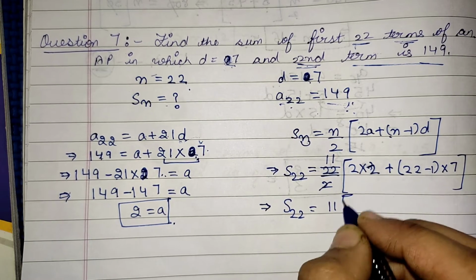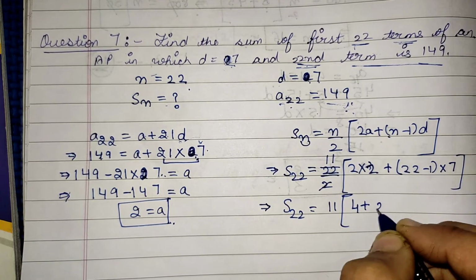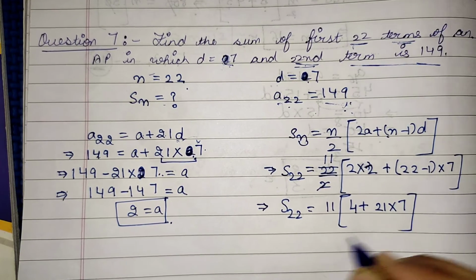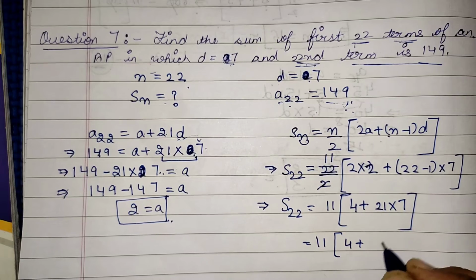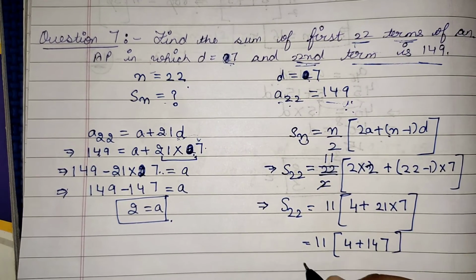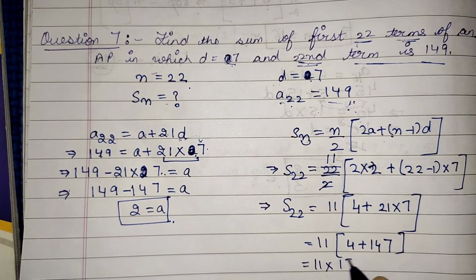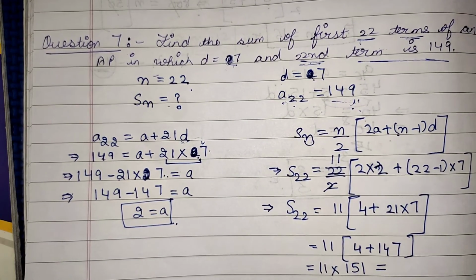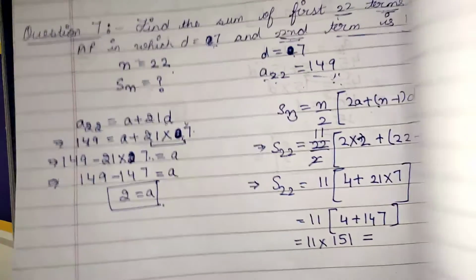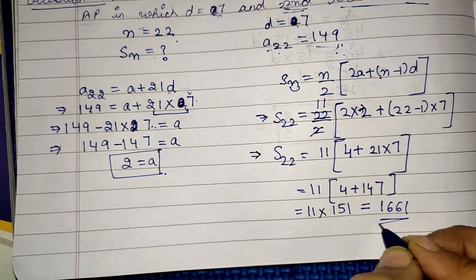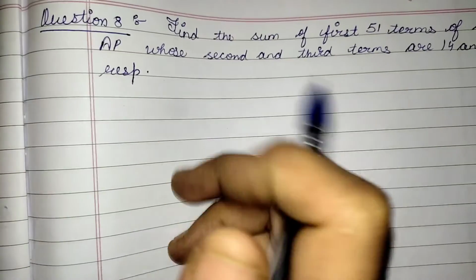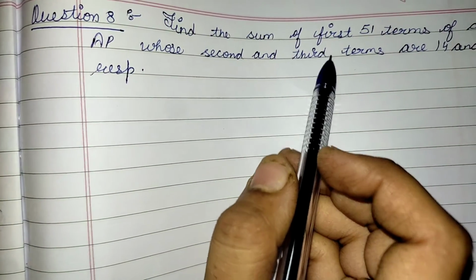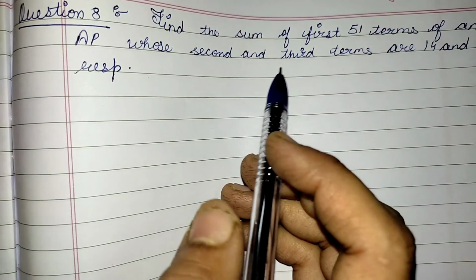S22 is equal to 11 into 4 plus 21 into 7. So 11 into 4 plus, it will become 147. It will be 11 into 151. So my sum will be equal to 1661.